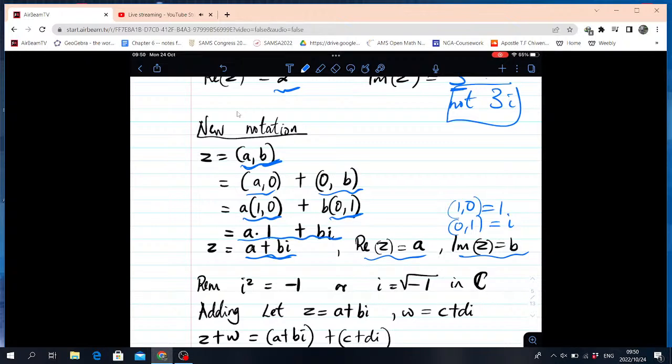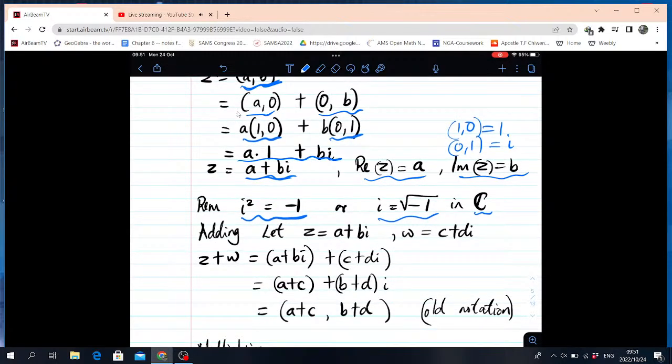So for us to be able to do the addition and the multiplication, let's just recap what we have. We know that i squared is going to be equal to minus 1, or i is the square root of minus 1, right? And this is in complex numbers.